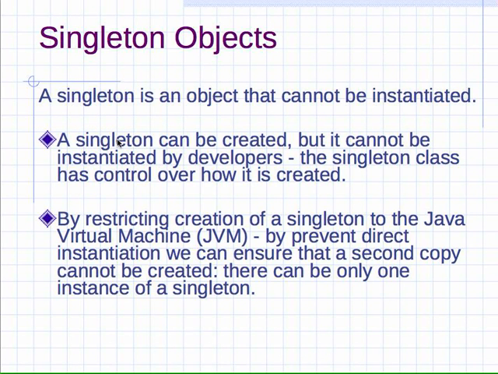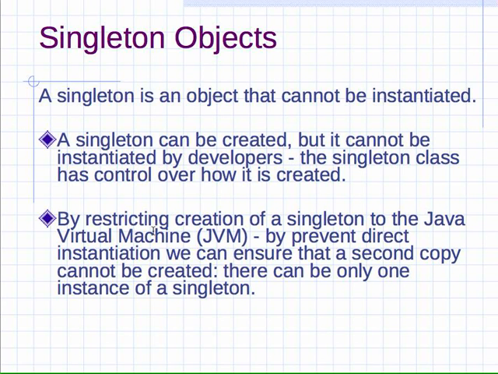So what that means is a singleton is an object that's not under the control of the developers of a program. A singleton can be created, but it cannot be instantiated. Right, so you cannot create instances of singleton because the singleton class itself has control over how it is created.